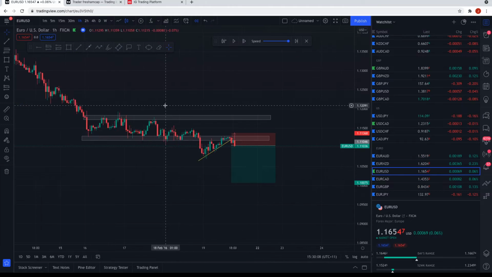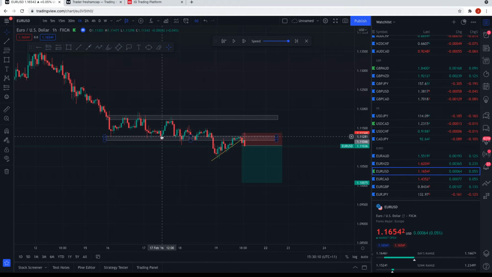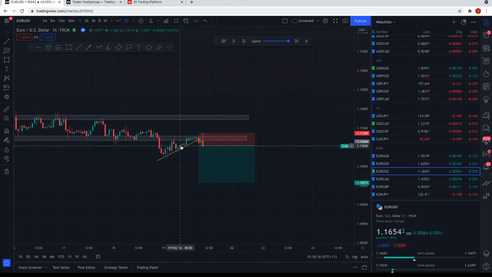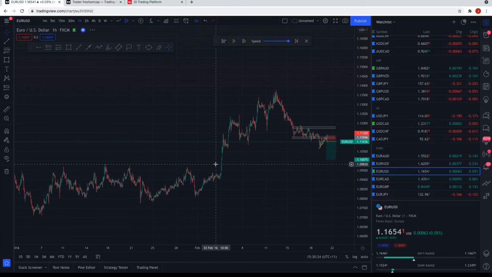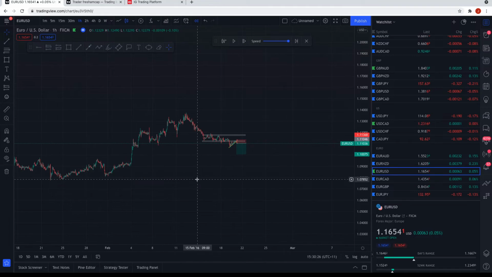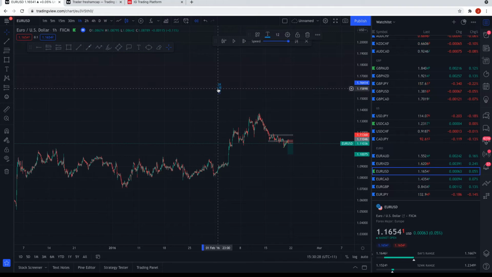Well, that sucks. Wow, that sucks. We get entered and straight away stopped out with this wick. Oh, gutted. Oh well. We'll put that down as a loss.